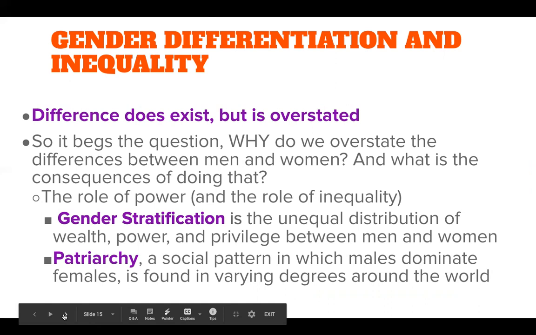If we want to be really accurate, in a society like the United States, where we have what's called formal gender equality, meaning at least according to the law, men and women are supposed to be equal in these spaces, then what we really have is a modified patriarchy. Even though men might still be more powerful in a lot of these contexts, it's no longer the law, so it doesn't have to be that way.